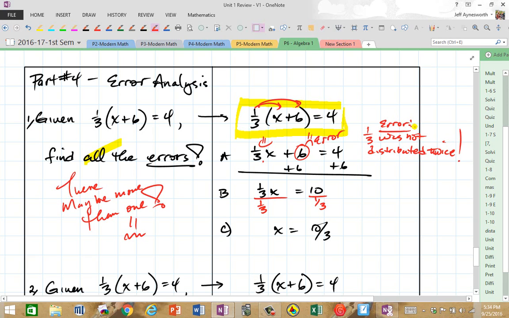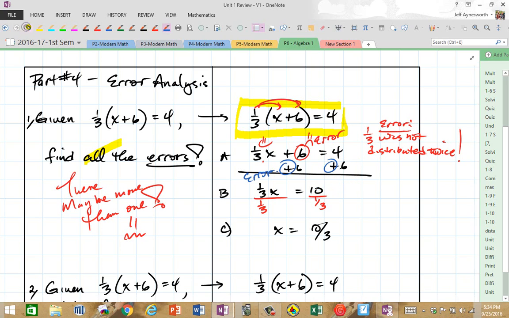Okay, so let's continue on. On this next step here from A to B, I see that the person added 6, and they weren't supposed to. This is wrong too. There's an error here. Well, 4 plus 6 is not an error, but what they did was an error.